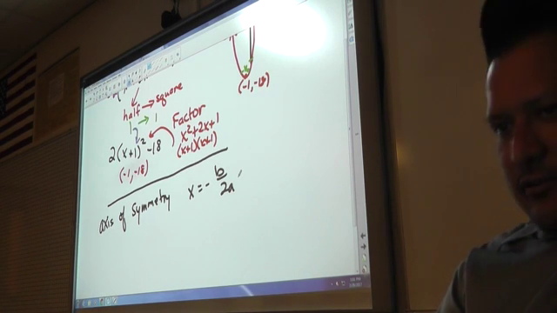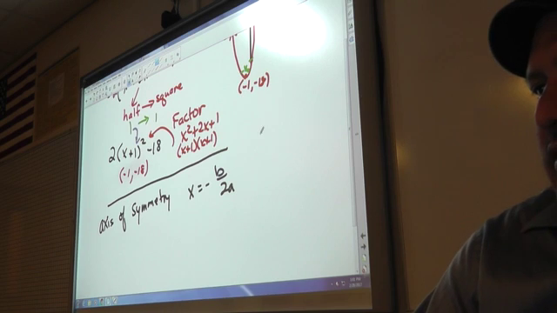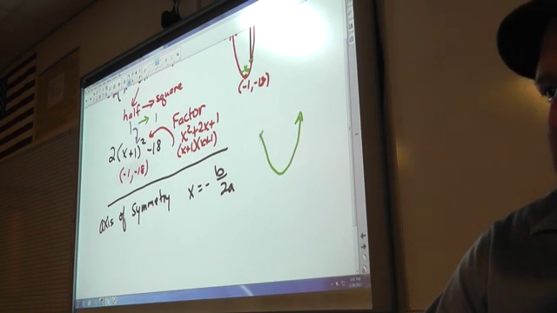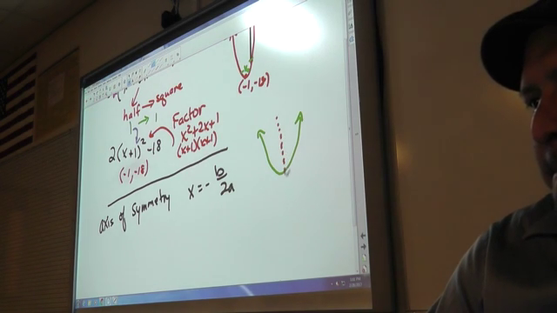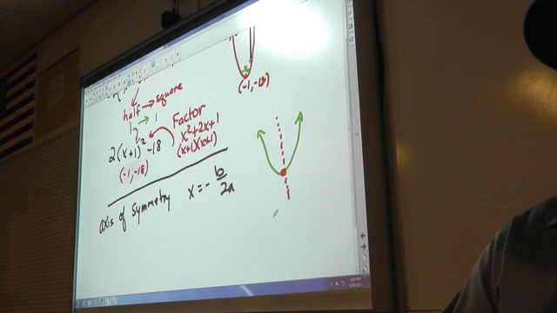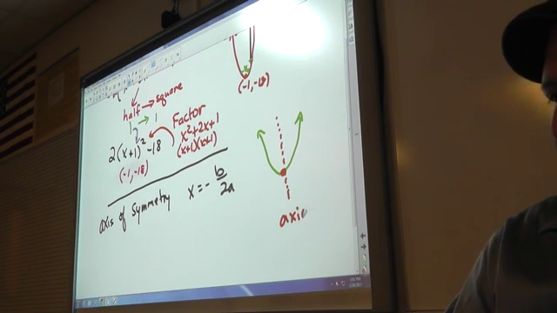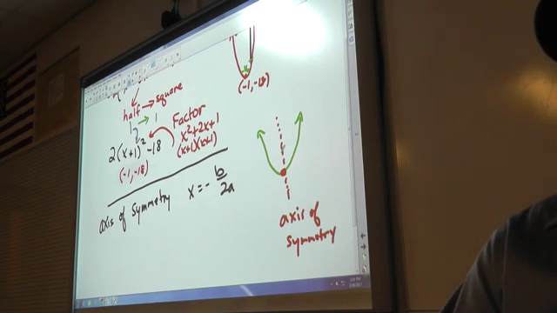Now the reason the axis of symmetry is important is because when you have a parabola, the vertex is on the symmetry. So imagine that was symmetric. This is the axis of symmetry. This is like your belly button, right?